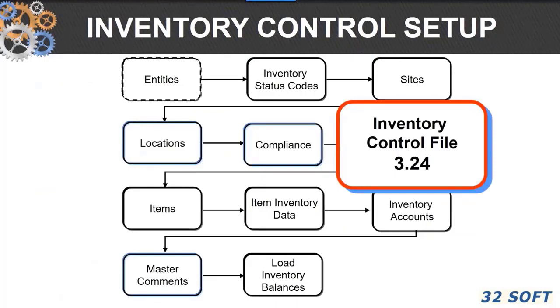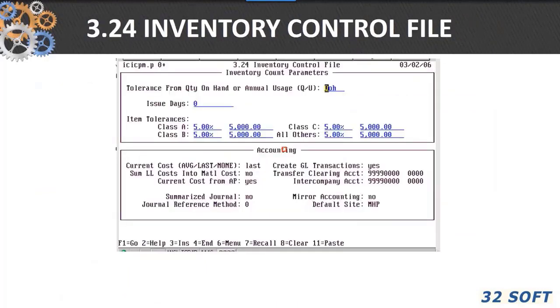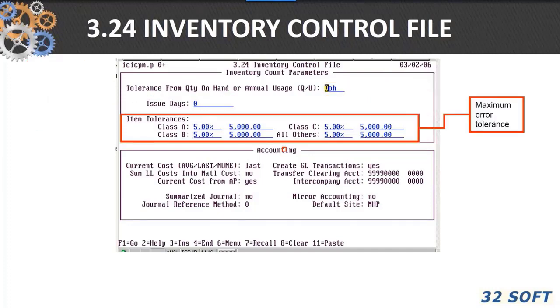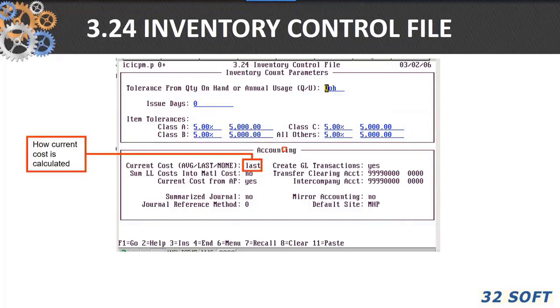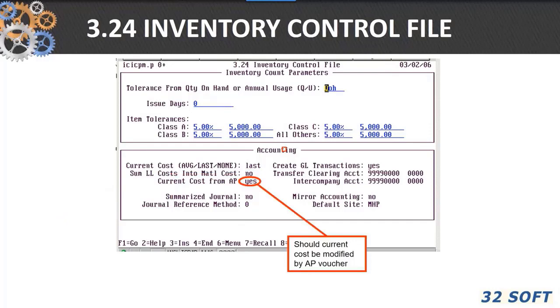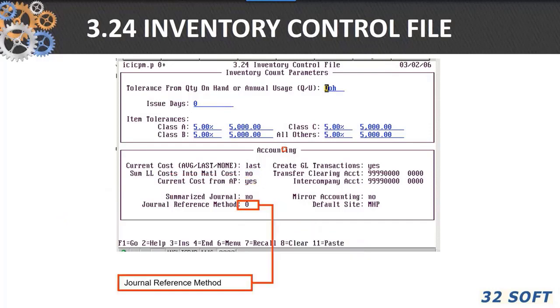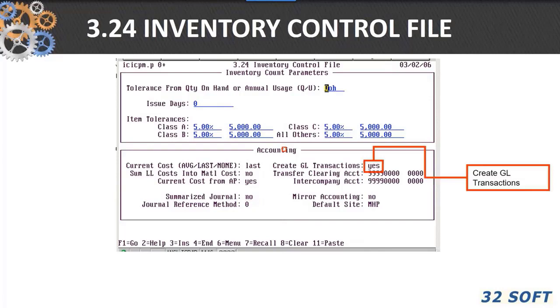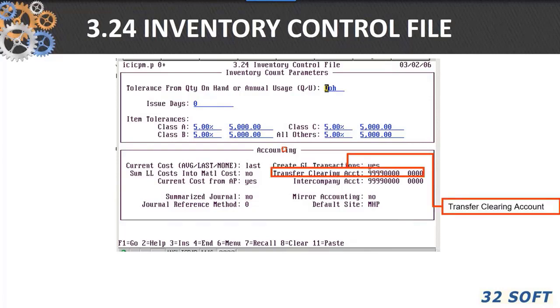The inventory control file, okay, this is critical. As with most activities, you've got a control file that sets how you do things. So you can set the method of tolerance, the days of issue, the min-max tolerances for ABC analysis, and then in terms of accounting, you can tell it how to handle current cost, whether you want to summarize journal entries, whether you want to roll up cost into lower levels, how you're going to affect current cost, the journalized methods, whether you're going to create GL transactions, the transfer clearinghouse or clearing account.